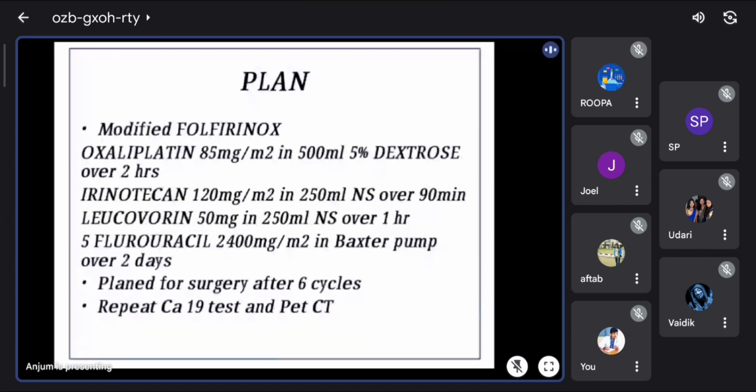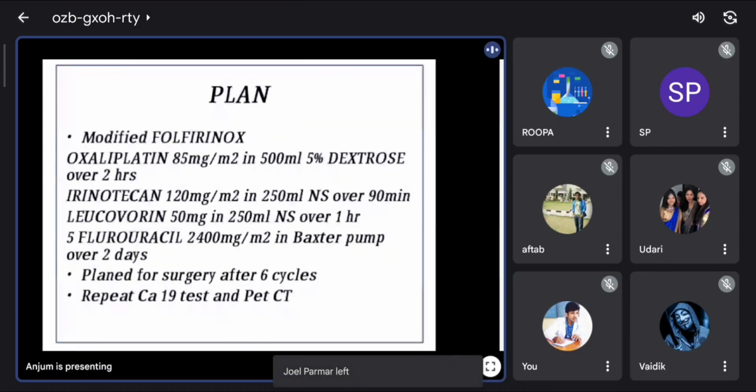Leucovorin, directly 50 mg, we are diluting in 250 ml NS and giving over 1 hour. Usually we give this with antimetabolites. Here 5-fluorouracil we are giving at 2400 mg per meter square. The dose which we got was 3500 mg.